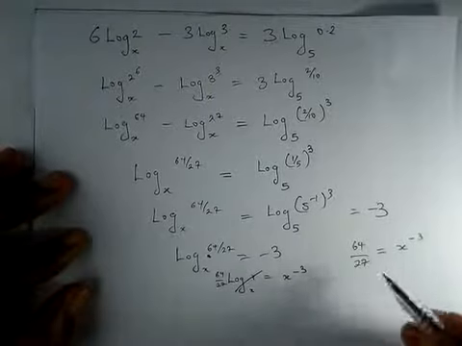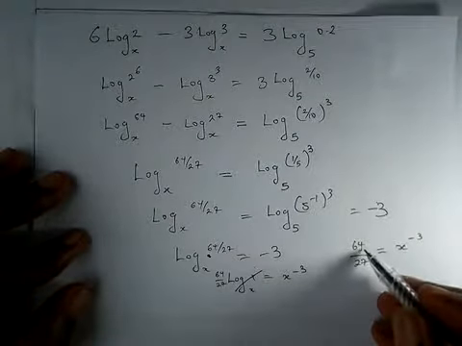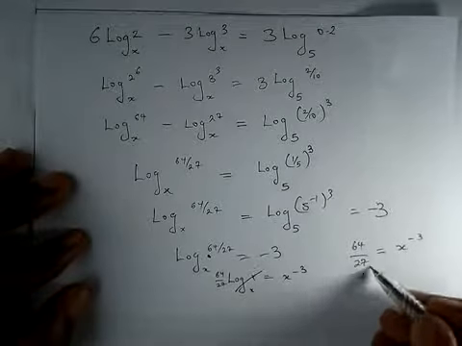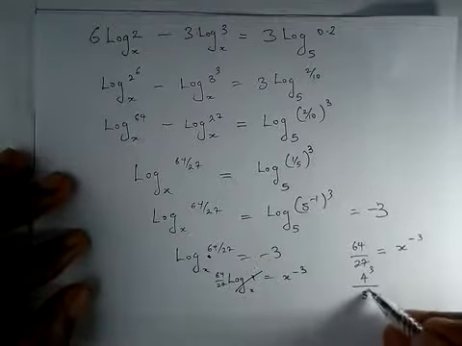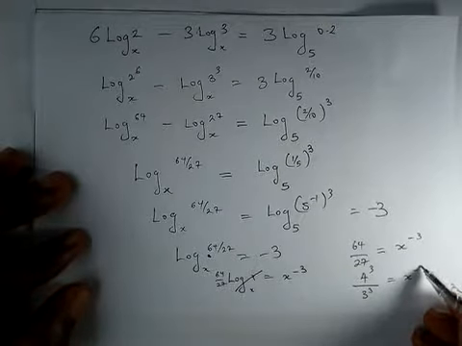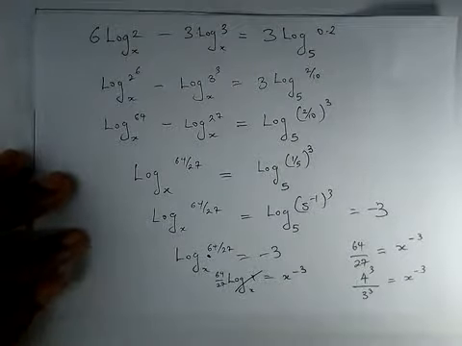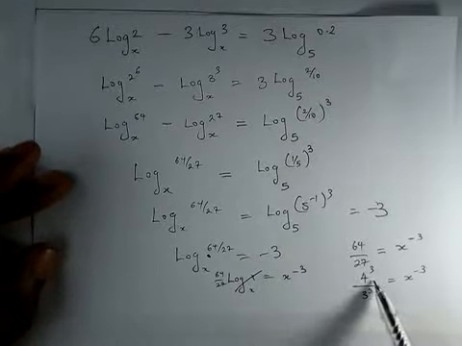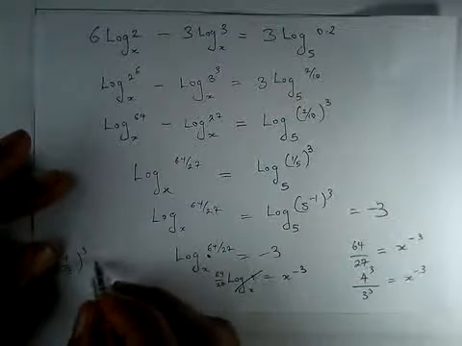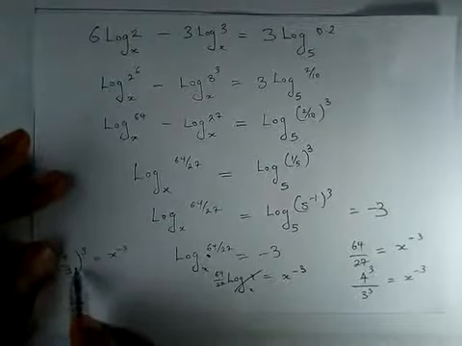Okay, this is 4 times 4, 16. Yeah, this 4 raised to power 3 over this 3 raised to power 3 is equal to s raised to power minus 3. Okay, now look, see what I want to do here. This is something as 4 over 3 raised to power 3 is equal to s raised to power minus 3.